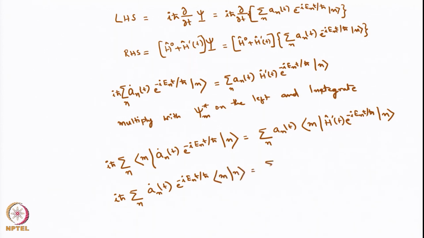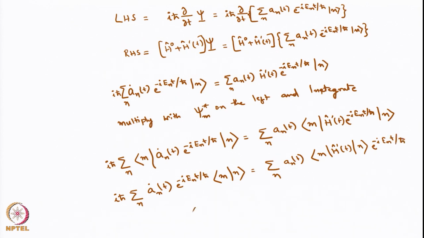This is equal to sigma over n a n of t bra m H prime of t ket n e to the power of minus i E n t by h bar.